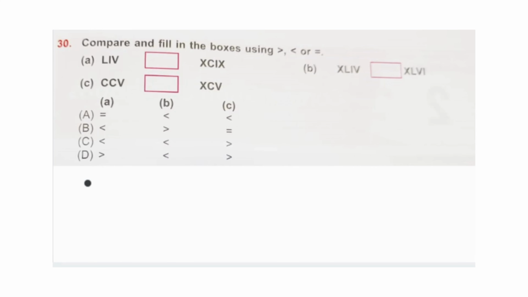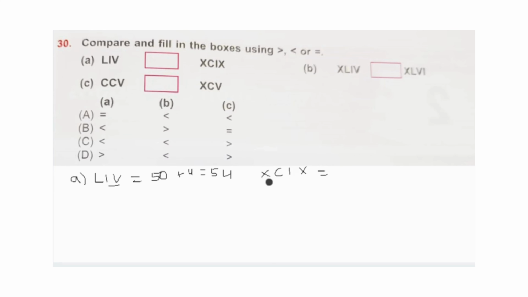So let's solve the first option that we have, which is LIV, and then there is a blank, and then you have XCIX. So let's find the value of LIV. L, as you guys know, is 50, and then you have 4, which is this. So its value is 50 plus 4, which is 54. Now the other part of this question is XCIX.